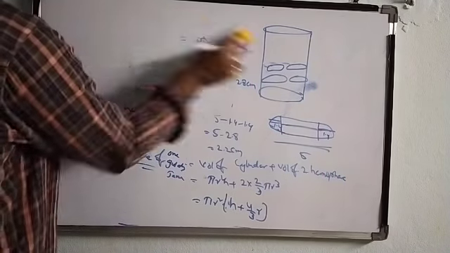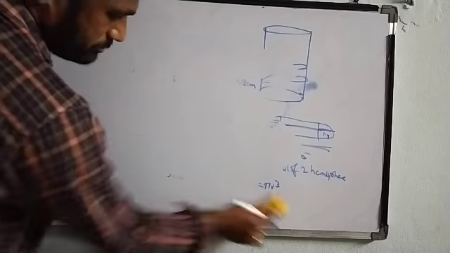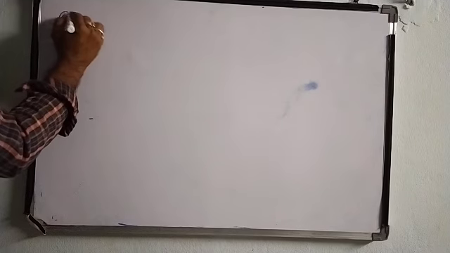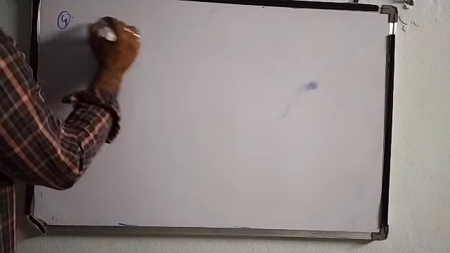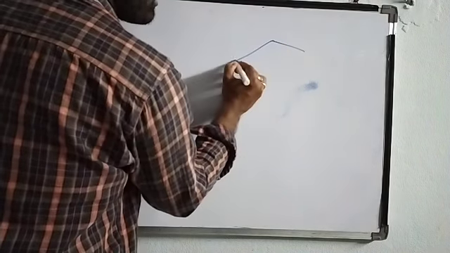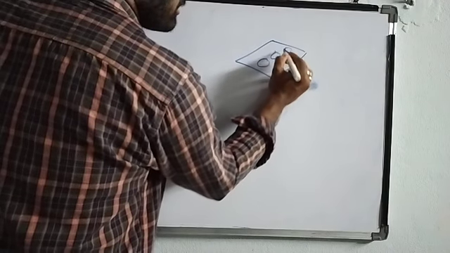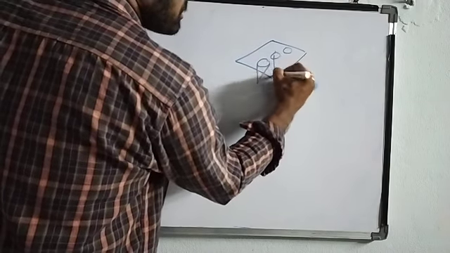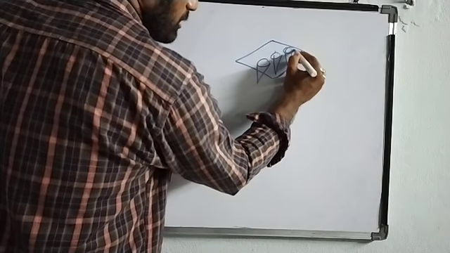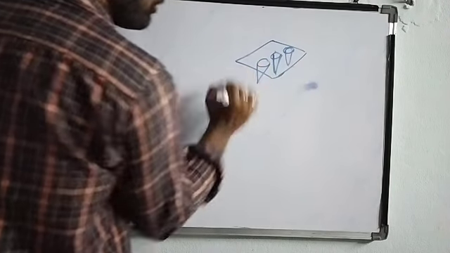Next, let us take the fourth question. So in the fourth question, a pen stand is there in the shape of a cuboid with conical depressions. So you can observe the figure. There is a pen stand like this with conical depressions, means whatever the circles, the holes are there, they are in the shape of cones.